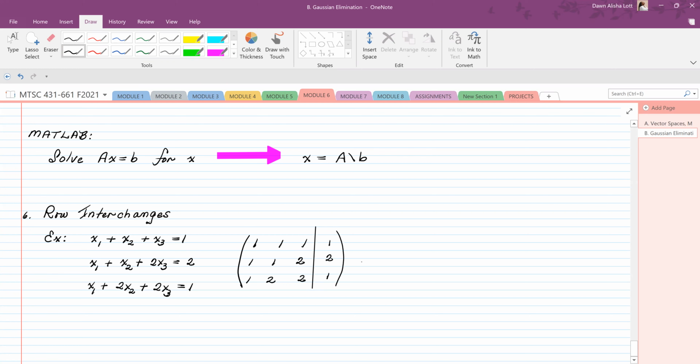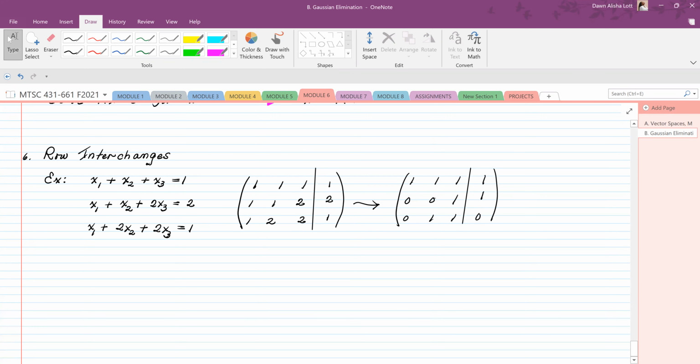Okay, so then the next step of this gives me 1, 1, 1, and then I get 0, 0, 1, and then I get 0, 1, 1. And then, of course, on the right-hand side, I have now 1, 1, 0. Okay, so now here I have a problem. My A22 is equal to 0.